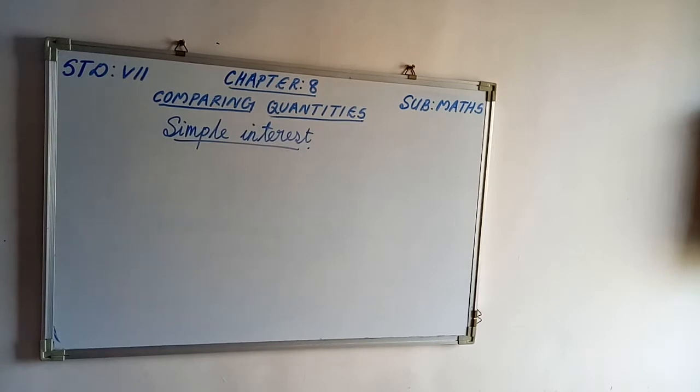Now children, you know that sometimes to purchase houses or vehicles, we borrow money from the bank, or we call it a loan. We take a loan from the bank or from some money lenders. And the money that we take as a loan, or borrow from the money lender, is called by the name principal.